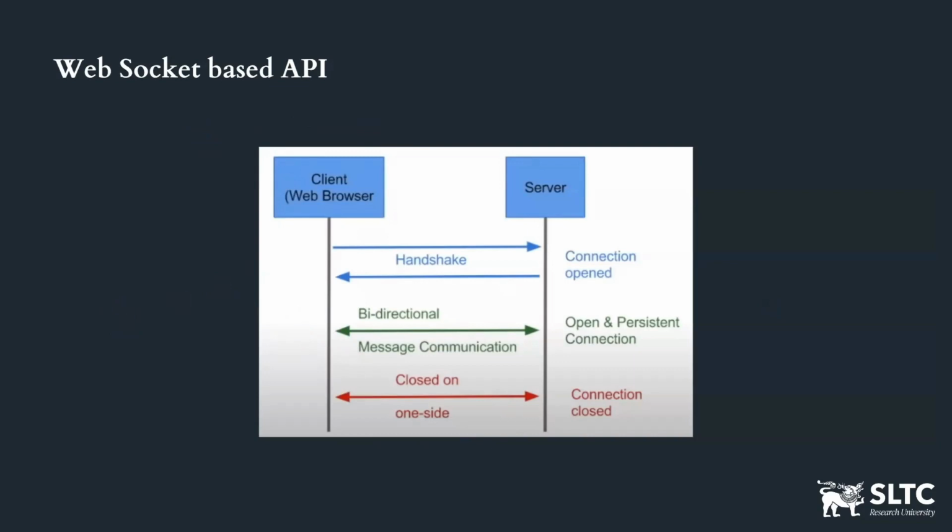For example, if we go to an online web store which has a chat box option, it will be using a WebSocket based API. I think I explained the WebSocket protocol before. It is also used in online gaming and real-time activities with the server.